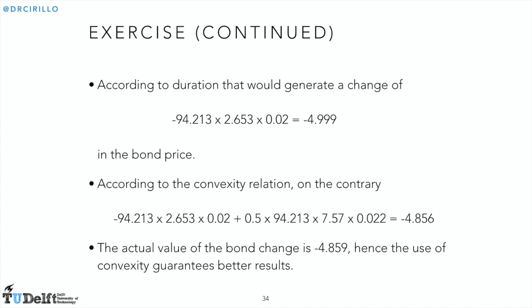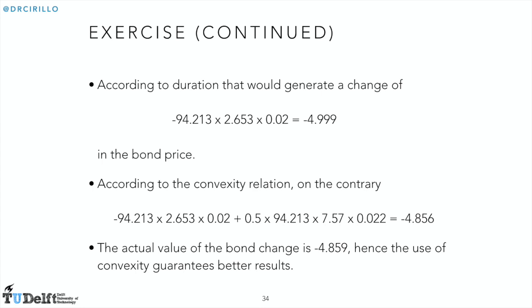The difference would be minus 4.99 in the bond price. If I introduce convexity, I get a better approximation. And I discover that the change is not minus 4.99, but it's minus 4.85.